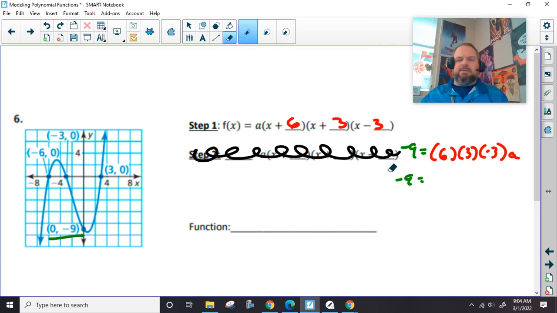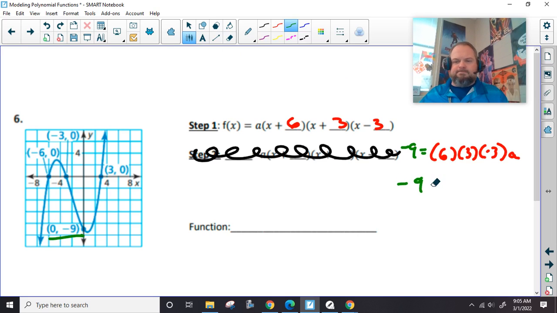This actually turns out to be -54a, and with the luck of using a calculator, yes, that is an a on the outside, -3.